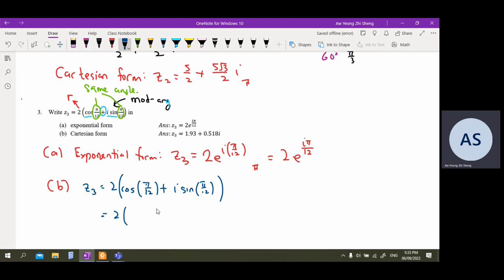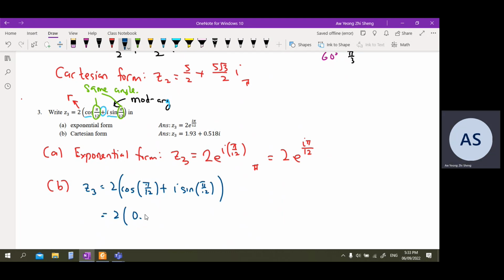Okay, so cos of pi over 12, this is actually not a special angle. The pi over 12 is not a special angle, so it's okay to write your numerical value of cos pi over 12 in decimal form. And remember to convert your calculator to radian mode.